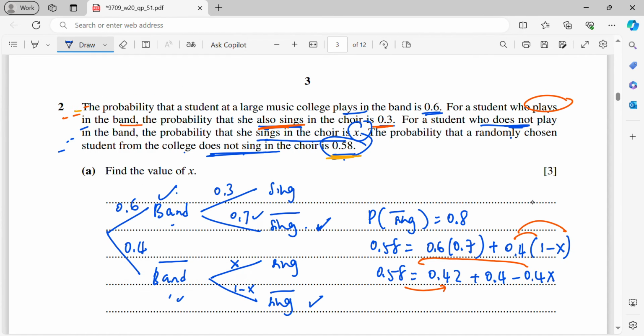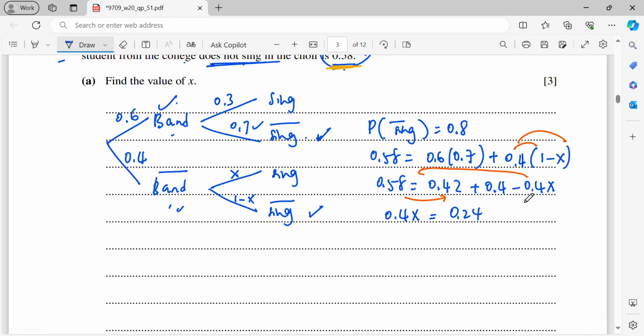So then from here I will be getting 0.4x equals, now 0.42 plus 0.4, that is 0.82. So you minus 0.58, that is going to be 0.24. And now from here my x is 0.24 over 0.4. That is going to be 0.6. So that's the solution of this question.